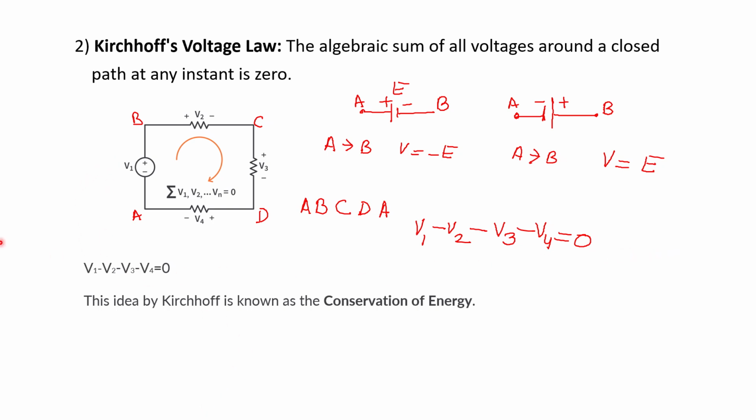So basically the basic concept for applying Kirchhoff's voltage law, you have to select a path in which current is flowing through it, and for the batteries or voltage sources, if you see a path from negative to positive terminal, there is a rise in voltage, so positive voltage, and if there is a fall in voltage, then negative voltage.